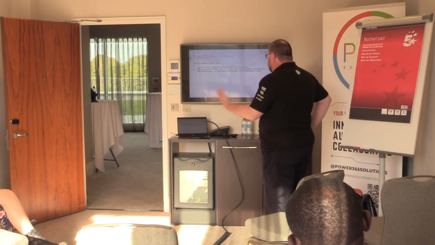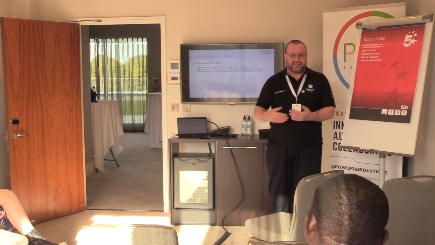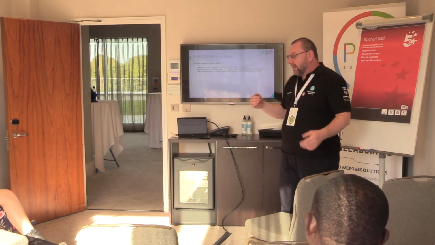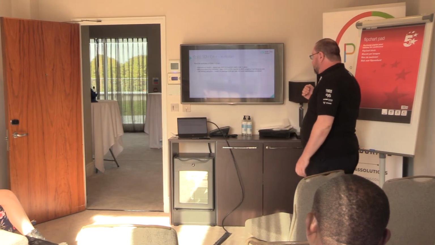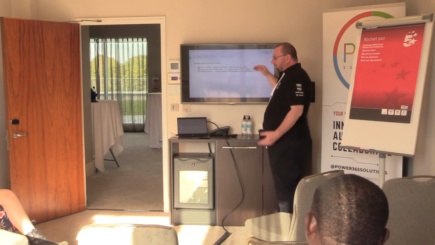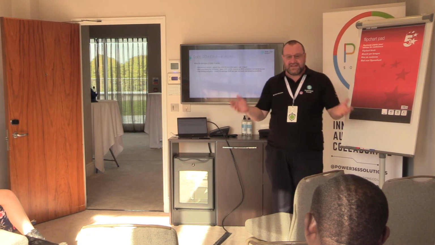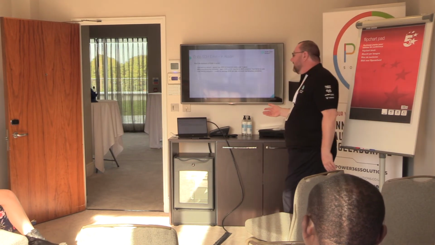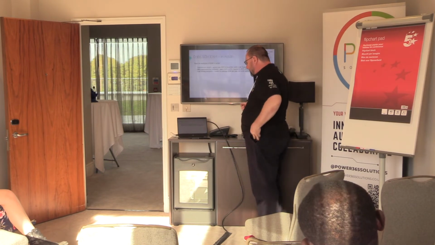Everything was reactive, and of course that would push production lines into stoppage. They wouldn't hit their quotas, all those sorts of things. That in and of itself cost them a lot of money, and they were doing everything in Excel. Well, now they're taking it out of Excel. It's all in the same system, and they can track all of it and keep all that information in one place.